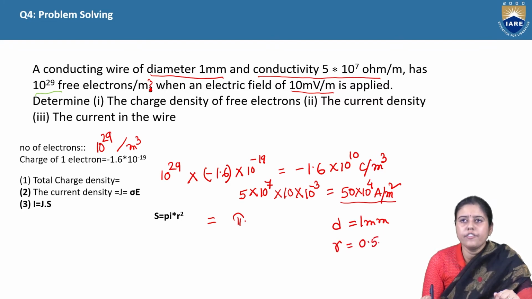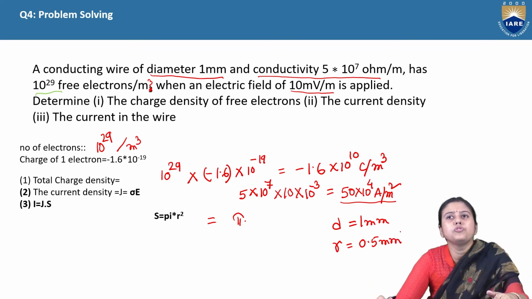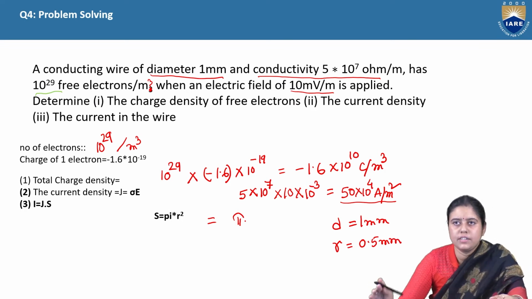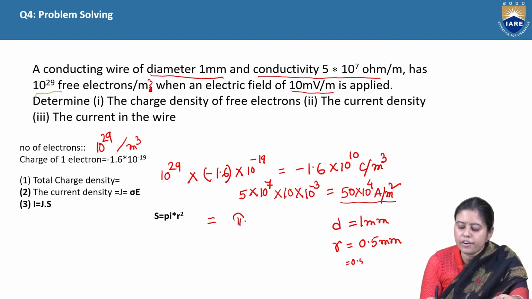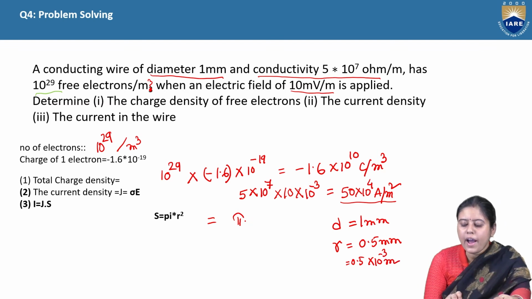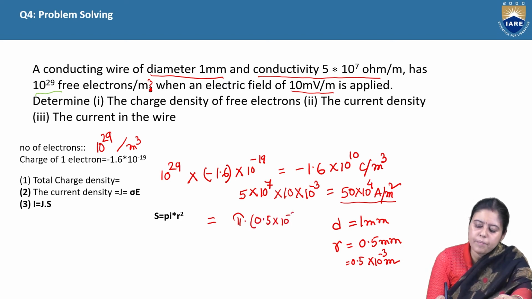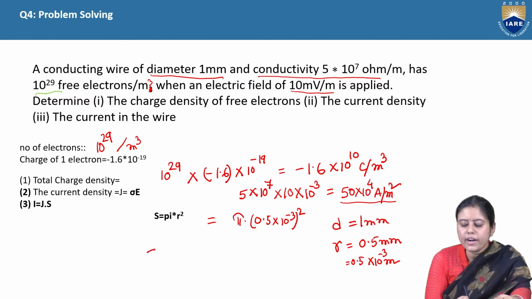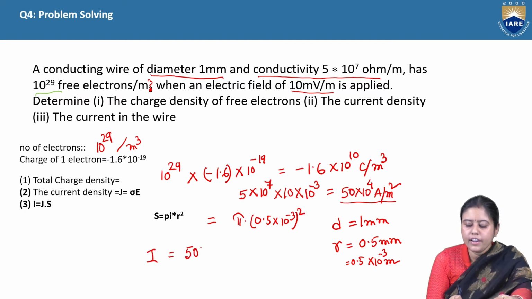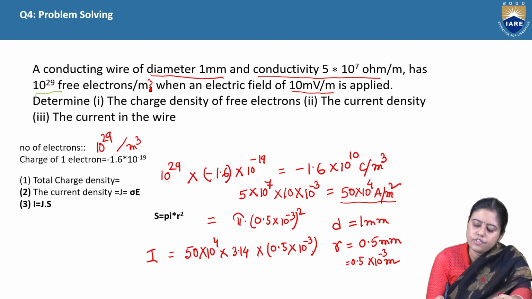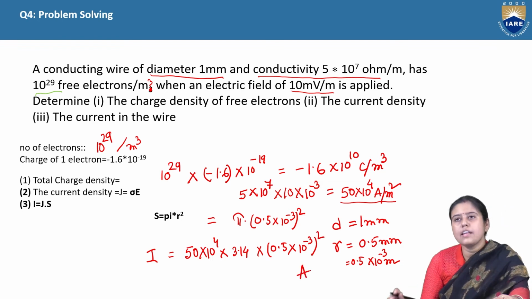Radius is 0.5 mm. But we have to change all the units in meter. So what will be the value? 0.5 into 10 to the power minus 3 meter. So pi R square is pi into 0.5 into 10 to the power minus 3 square. So what is current I? 50 into 10 to the power 4 into pi, 3.14 into 0.5 into 10 to the power minus 3 whole square, and the unit is ampere.